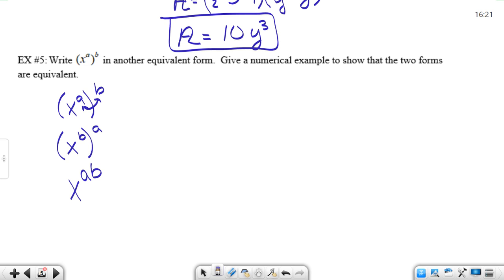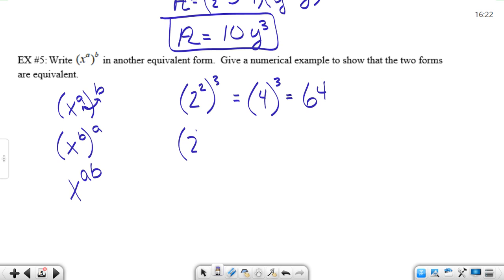Now let's show, using an actual number, why these are equivalent. Let's go ahead with a base of 2. Let's say 2 squared to the 3rd. Well, 2 squared, that's 4. 4 to the 3rd is 64. So let's show that the opposite is also true. 2 to the 3rd to the 2nd.